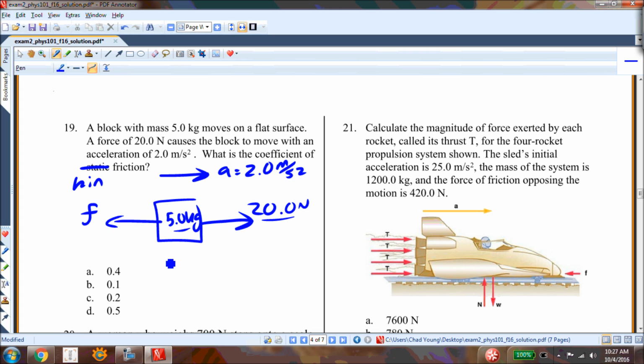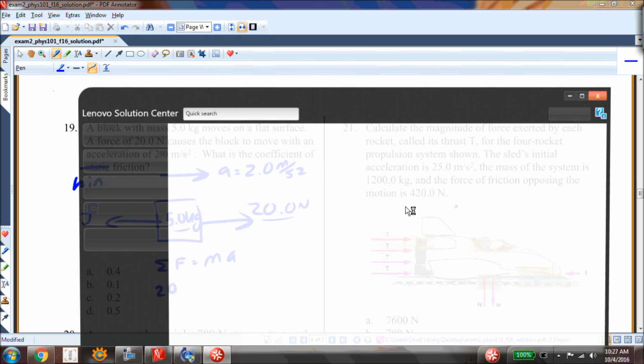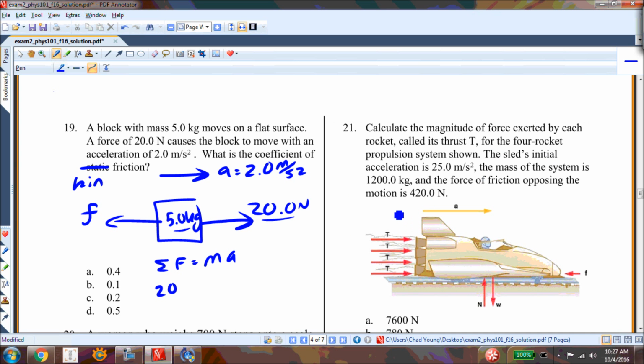And so I would figure out what that force is by saying the sum of the forces equals ma. That's 20 minus my kinetic friction equals 5 kilograms times my acceleration, which is 2. So that means that Fk equals 10 newtons.